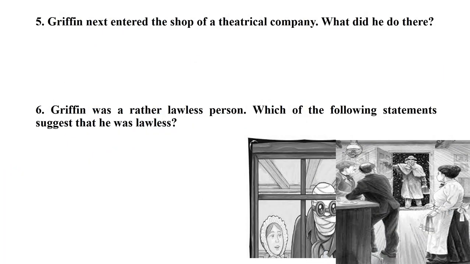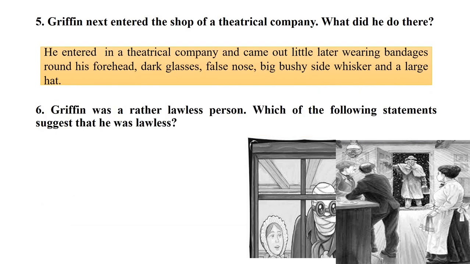The fifth question is, Griffin next entered the shop of a theatrical company. What did he do there? The answer is, he entered a theatrical company and came out a little later wearing bandages round his forehead, dark glasses, a false nose, big bushy side whiskers, and a large hat.